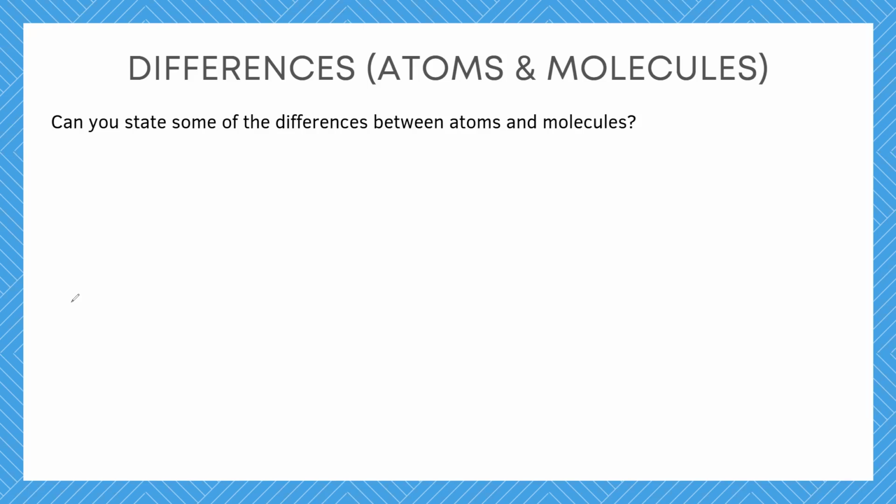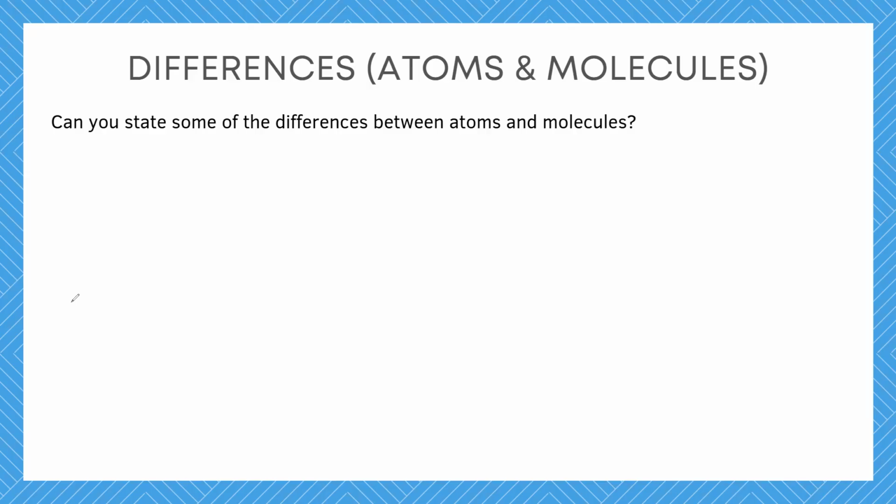How about you, Dominic? Do you want to tell me one difference between an atom and a molecule? Yes, sir. All right, please go ahead. The floor is yours. An atom is the smallest indivisible part of an element that is capable of undergoing chemical reaction, while a molecule is the smallest unit of an element that can exist independently.